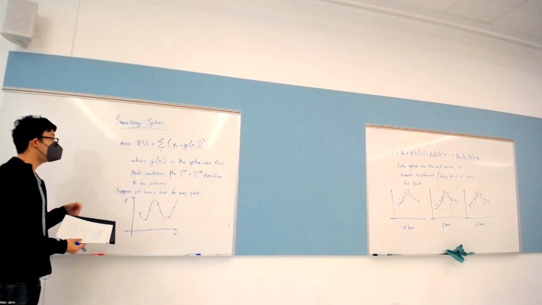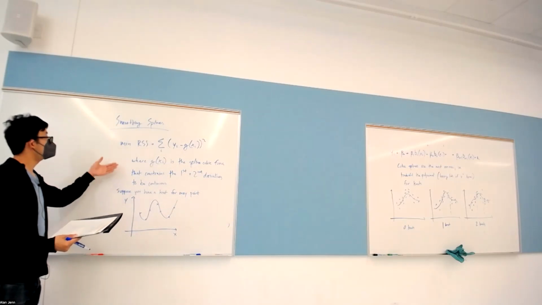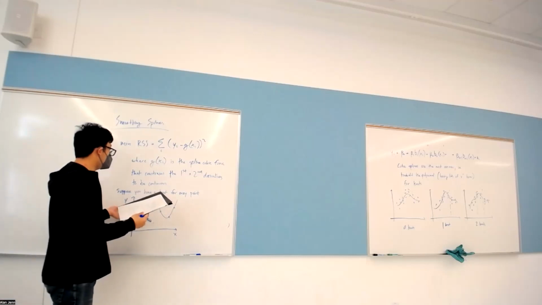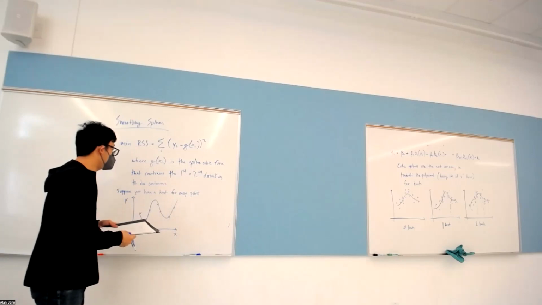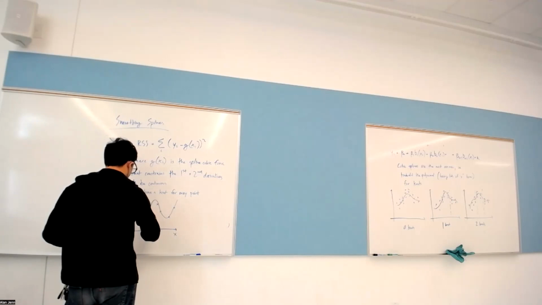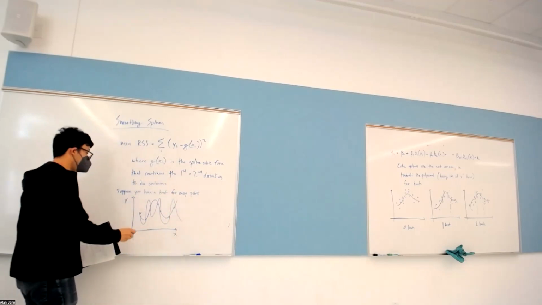But there are actually many ways that you can manipulate this function, the polynomial portion of it, to still have an RSS of 0, right?